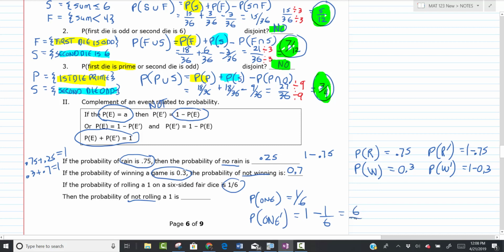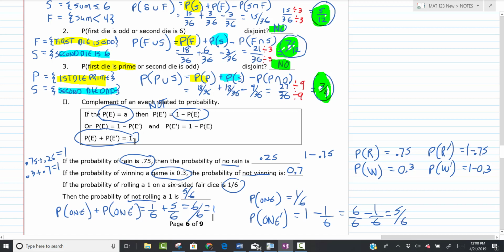That would be 6/6 minus 1/6, which is equal to 5/6. And again, the probability of getting a 1 plus the probability of not getting a 1 should add up to 1. The probability of getting a 1 is 1/6, and the probability of not getting a 1 is 5/6. Notice they add up to 1. All right, so that's what that is basically saying.